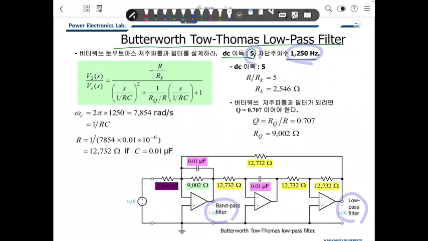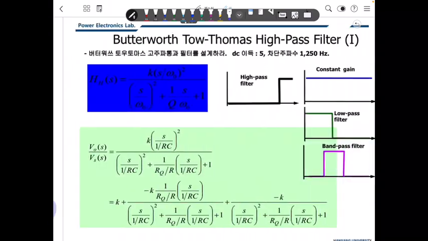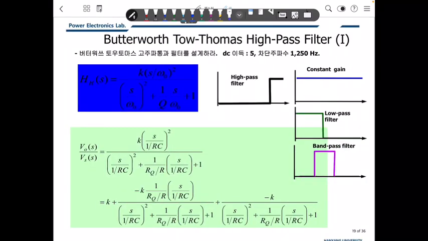The way is, the high pass filter is based on the design there. So if you design this again with K is 5, the corner frequency is 1250 hertz. Then what a high pass filter looks like is that. Then how can you do that?